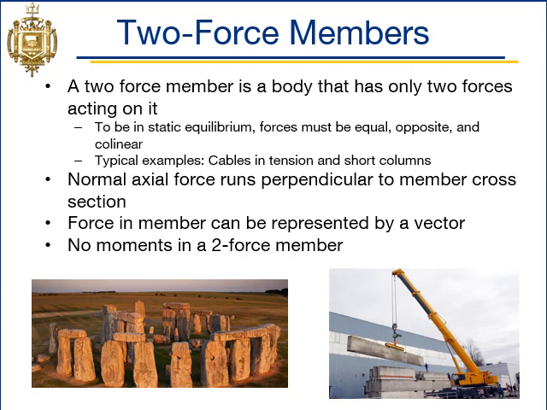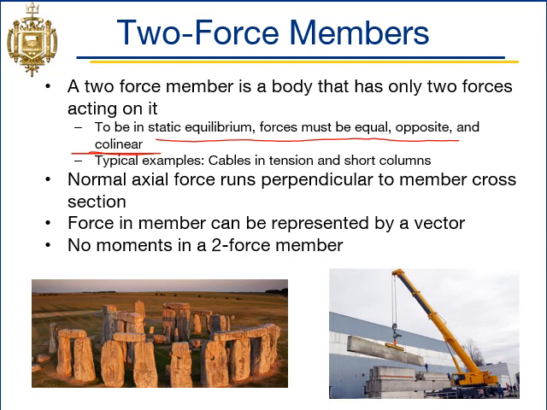There was one service member pulling to the left, one pulling to the right, and so those are your 2 forces acting on that member. So big things in two-force members: it's in static equilibrium, so the forces must be equal, opposite, and they also must be collinear, so on the same line.